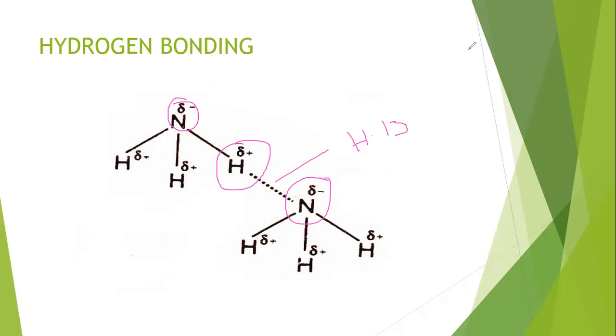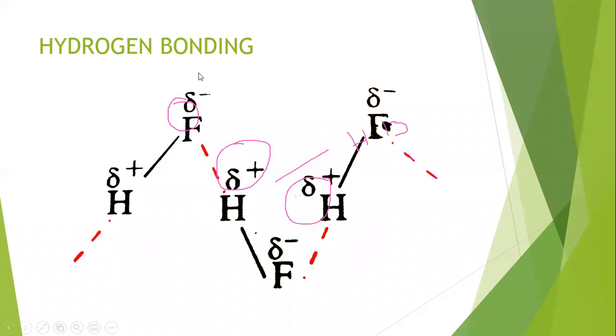Another example of hydrogen bonding is between HF. Fluorine is the most electronegative atom of the periodic table. As we know, fluorine has an electronegativity value of 4. They make hydrogen bonding in a zigzag manner like this.